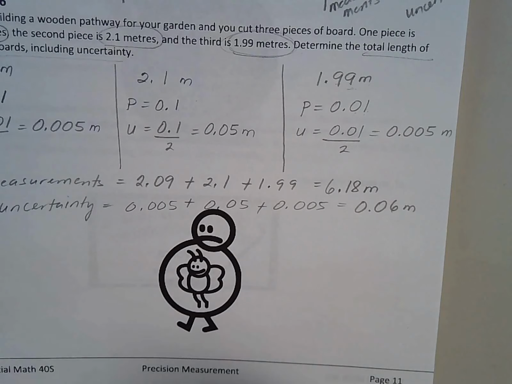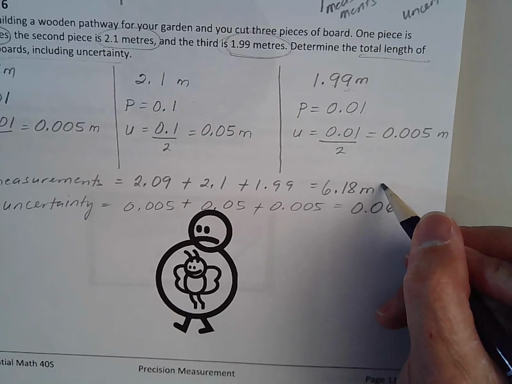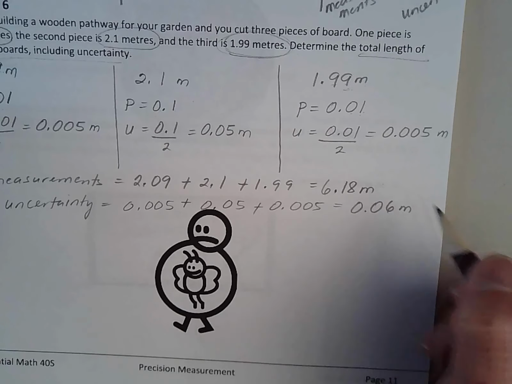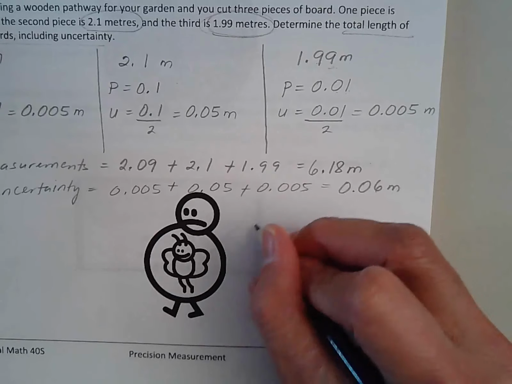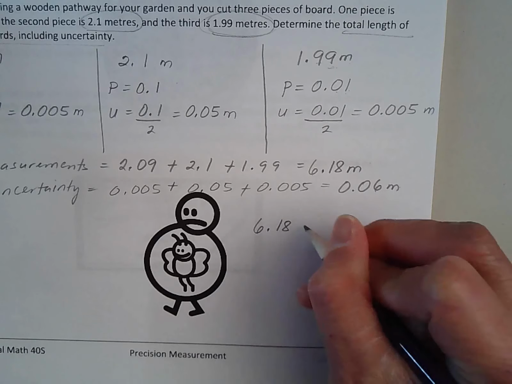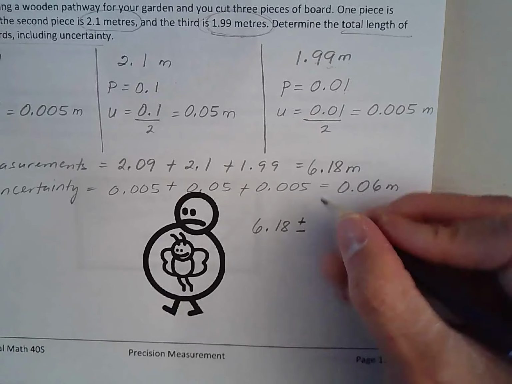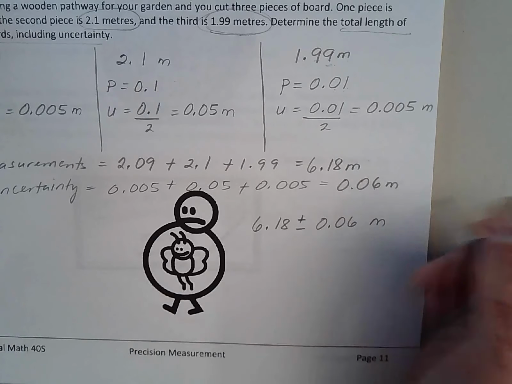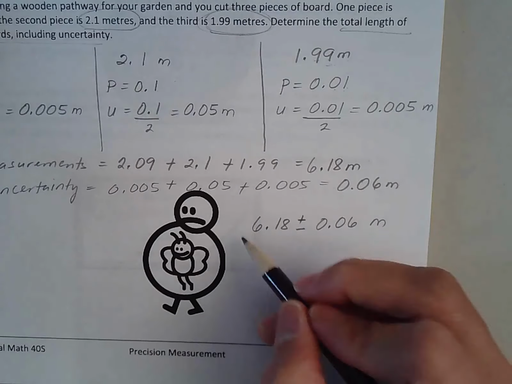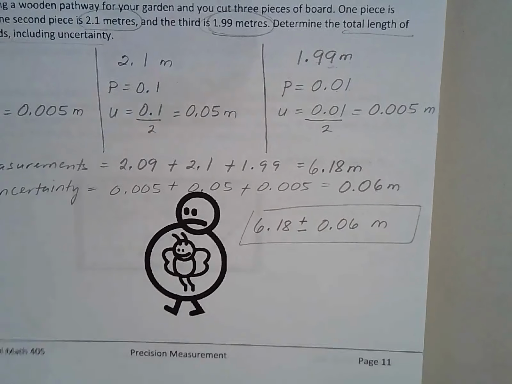So if you put them together, total measurement and total uncertainty, we get 6.18, give or take, plus or minus 0.06 meters. And that's our final answer there.